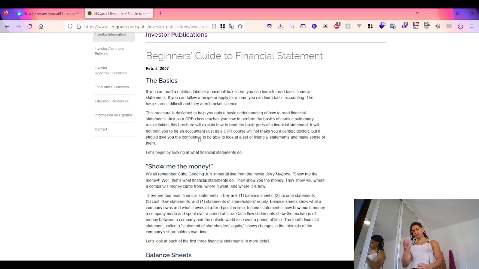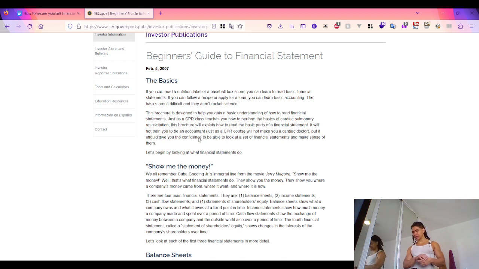Then the bottom line of this statement shows you the net increase and decrease of cash, and it is made of three parts where each one of these parts reviews the cash flow from the three main types of business activity. So according to Investopedia, you have operating, financing, and investing activity.